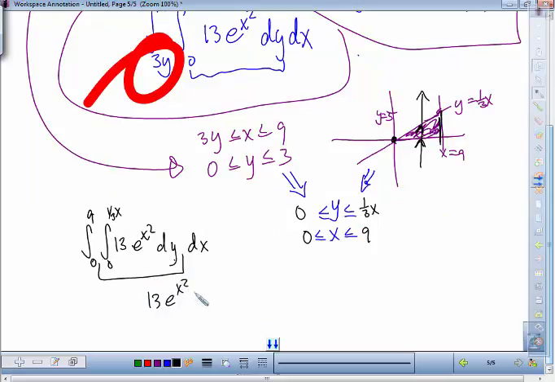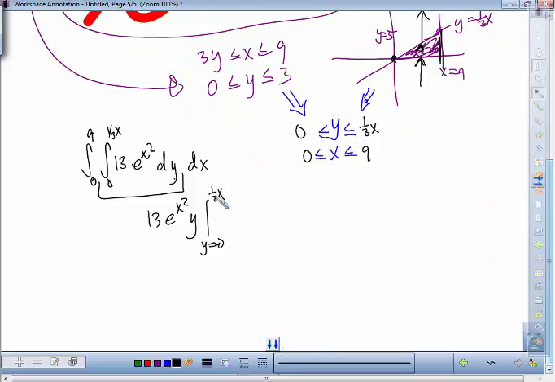13e to the x squared times y, where y goes from 0 to 1/3 x. You put 1/3 x in for y, and you put 0 in for y and you get 0.